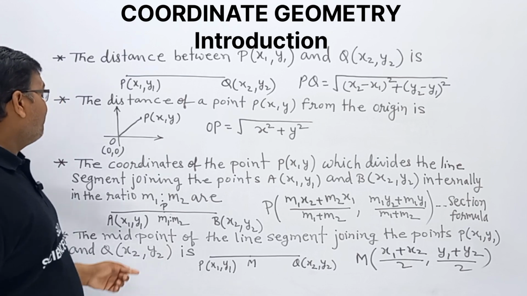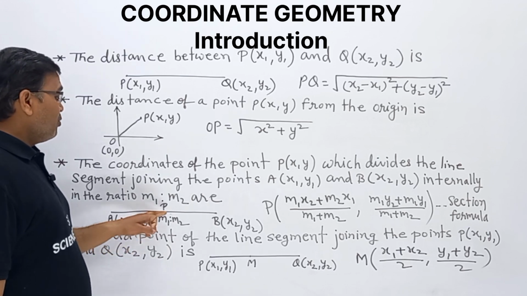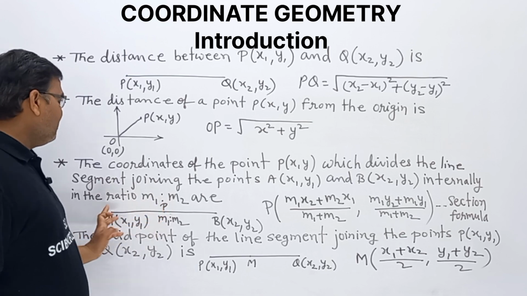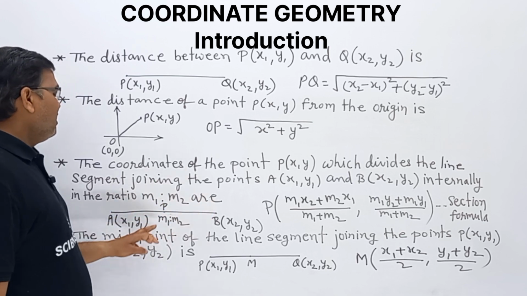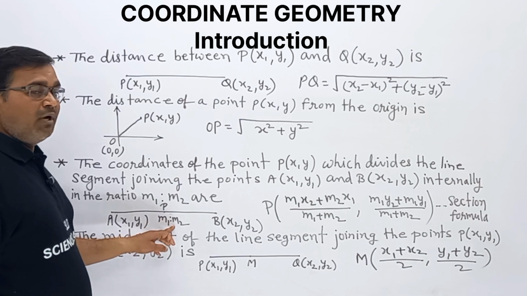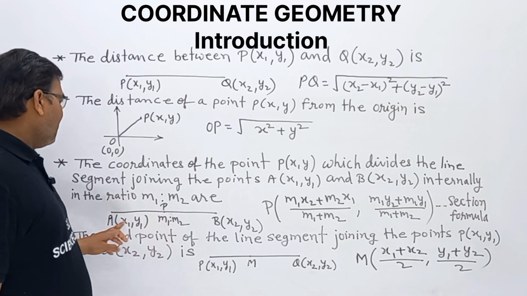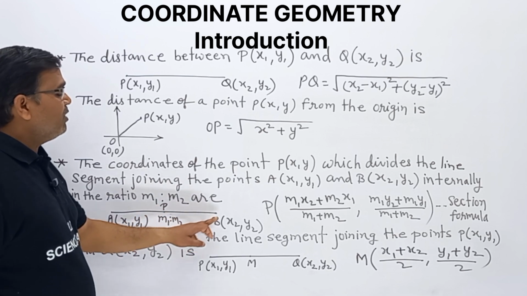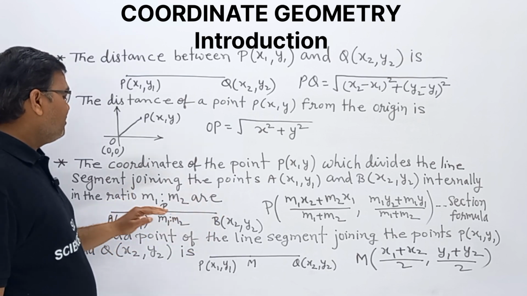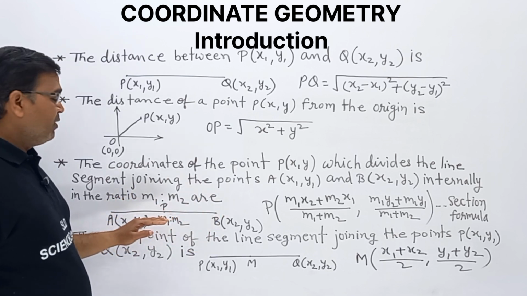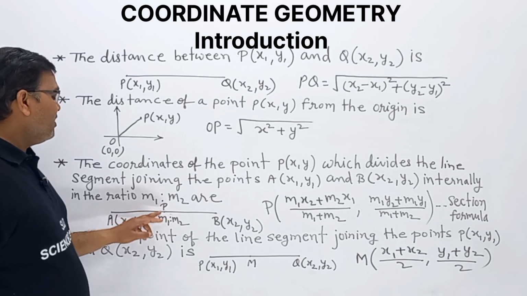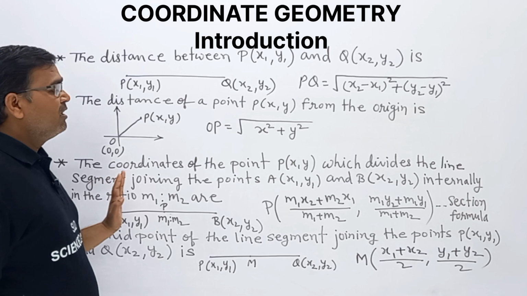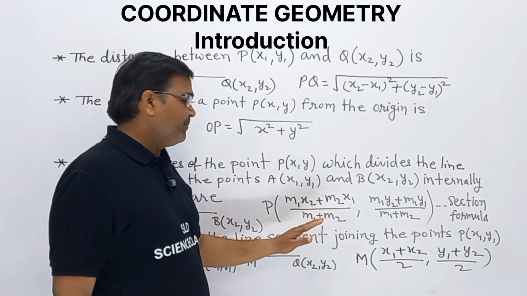We want to find the coordinates of point P, and this point P divides the line segment AB in m1 is to m2. A coordinates we have, B coordinates we have. Clear? And internally this point P is dividing in the ratio m1 is to m2.